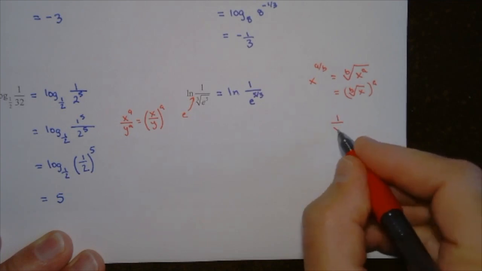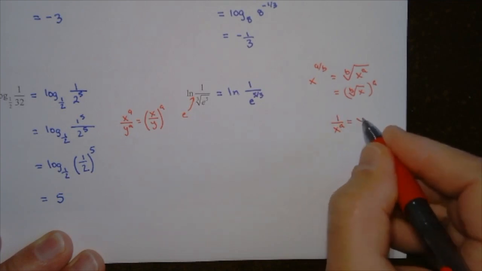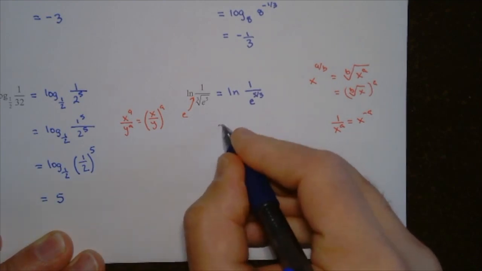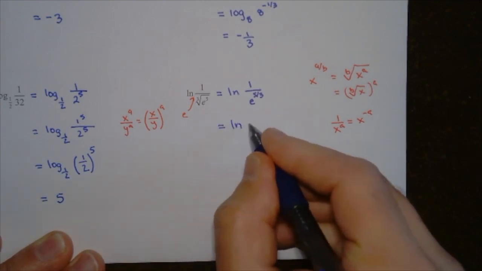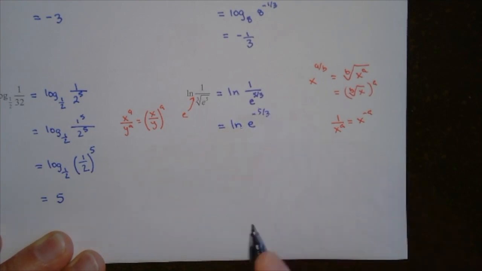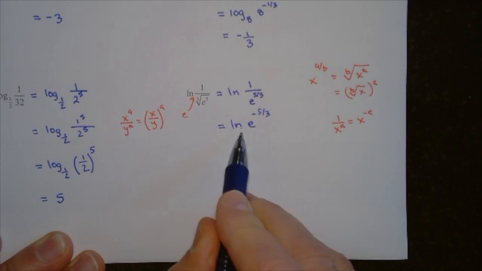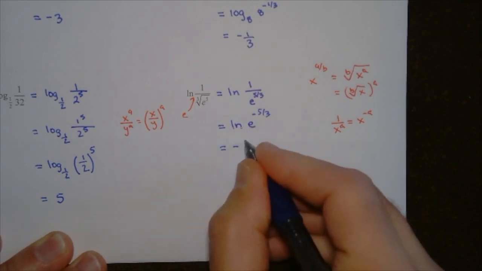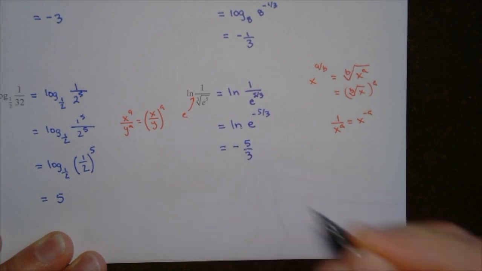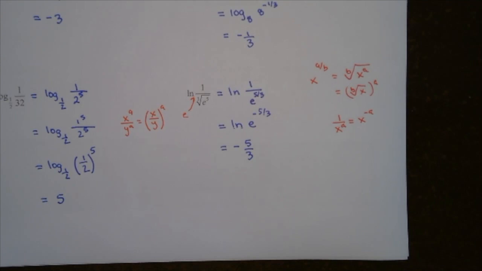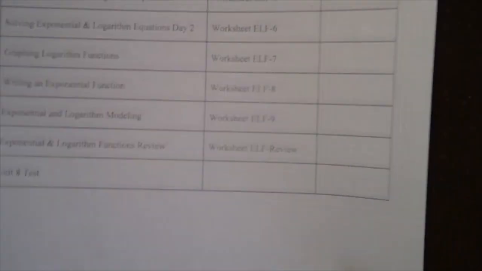Once again, we have 1 over x to the a, which can be written as x to the negative a. So this is equivalent to the natural log of e to the negative 5/3 power. There's the base e, so these are going to undo each other again, and we're going to be left with negative 5/3. And that's the answer to this.